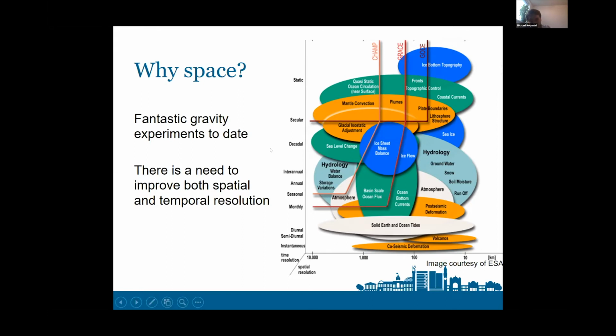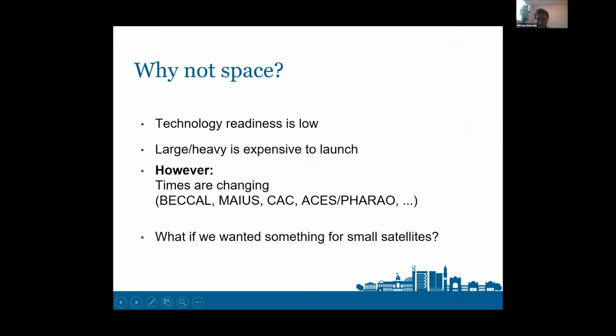So why should we not want to put cold atoms in space? And the main reasons are the technology readiness is or has been low in the past, and this has changed drastically in the last few years. But also, it's expensive to launch large and heavy things. And in concepts we worked on for ESA, looking at actually how can we make very sensitive systems, one of the problems is you need things like magnetic shielding for atom interferometry, and this creates huge weights and quite large volumes, depending on how you implement it.